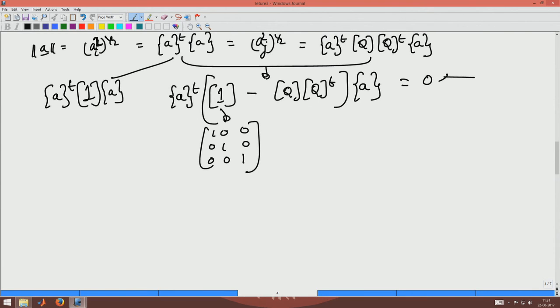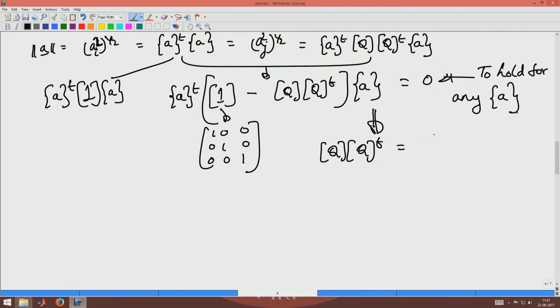This has to hold for any A. I require this to hold for any A, which implies that Q transpose Q has to be an identity matrix.